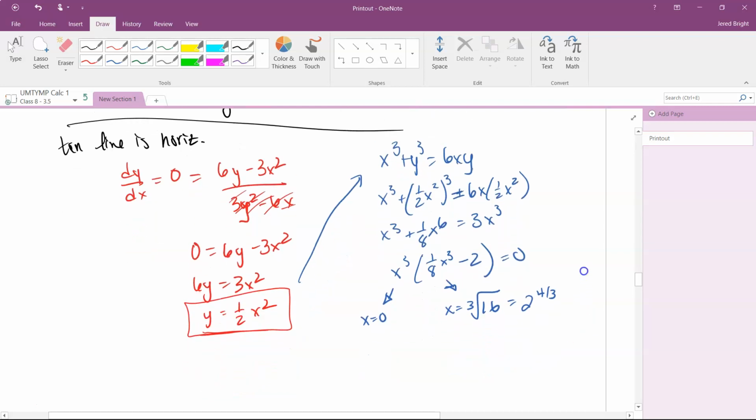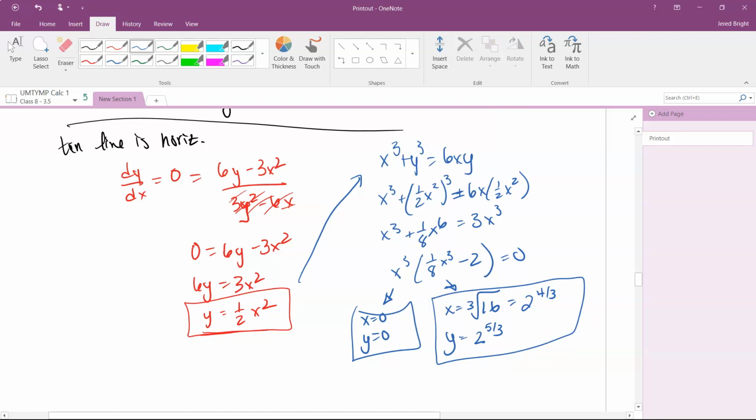You would need to find the corresponding y value because it does ask for the points. When you do that, you get y is equal to 0 for the first, and for this one you end up with 2 to the 5/3. So these would be your points where the tangent line is horizontal.